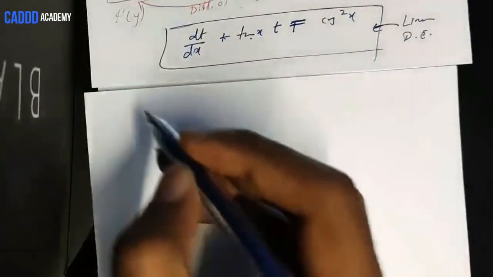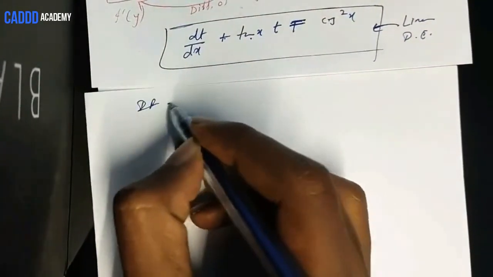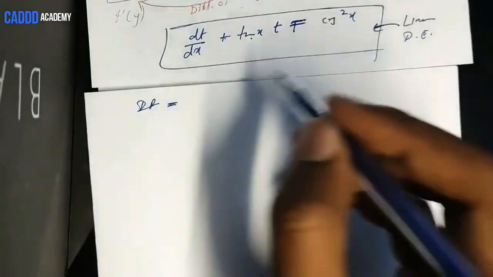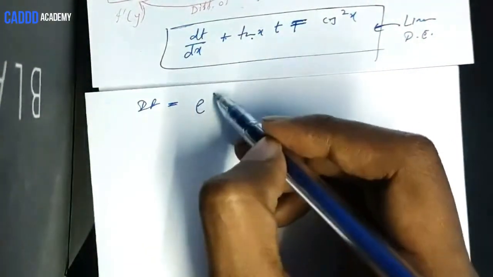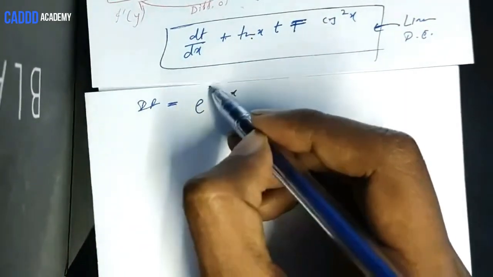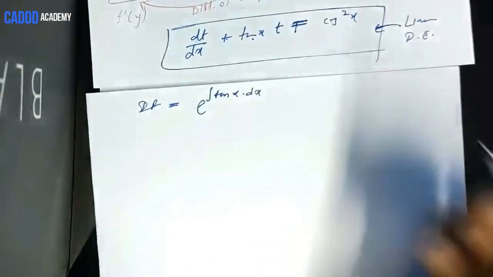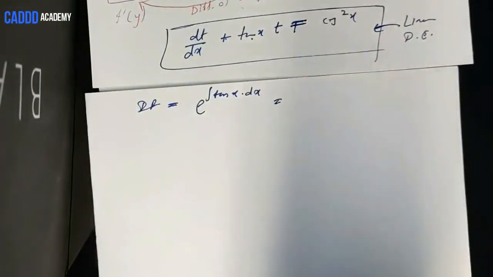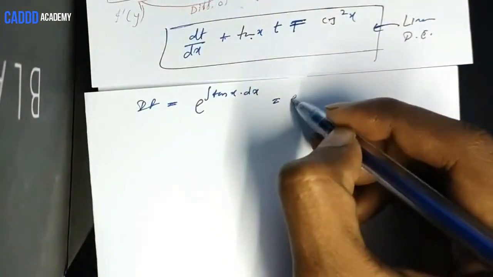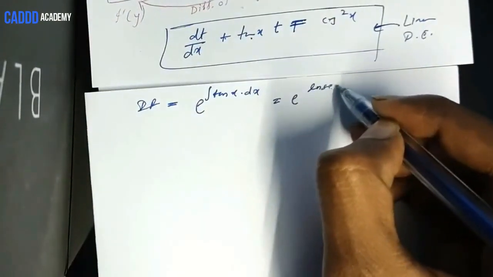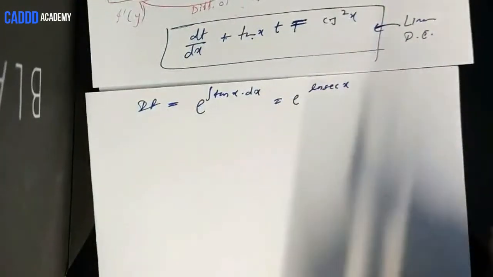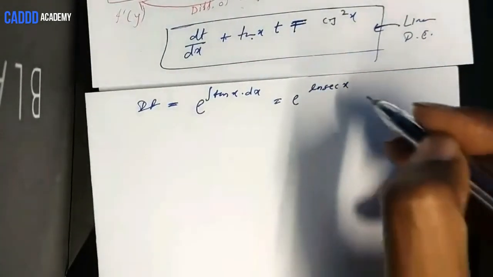So we know that we have to get the integration factor, or say integrating factor also. So e to the power this function here, tan x, and integration with respect to x. So this will be equal to e to the power ln sec x, because tan x integration is ln sec x.